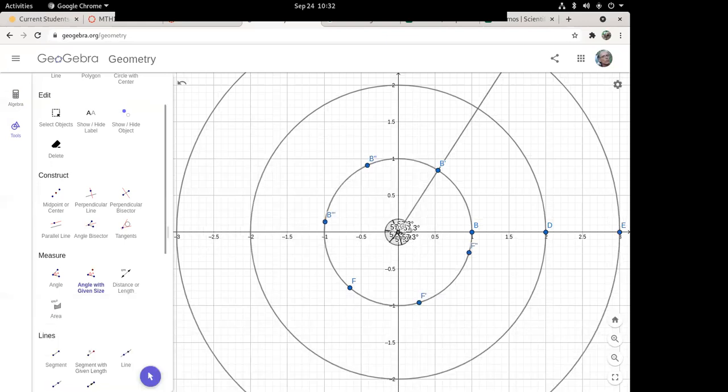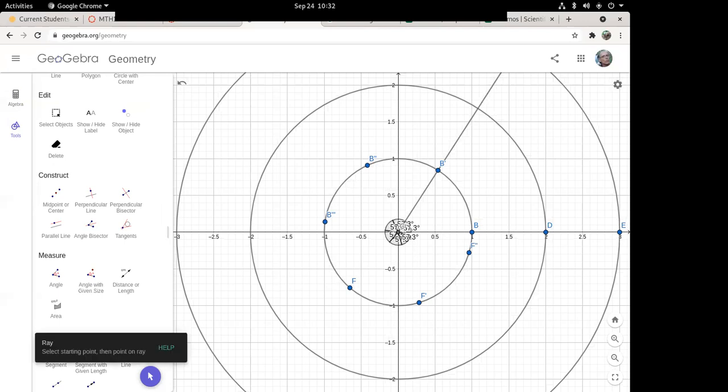So I'm going to draw that line in here for the 6th radian. And remember, a full revolution is 2 pi radians. 2 pi is about 6.28. So the remaining angle to get from F to B here on this circle is going to be about 0.28 radians.